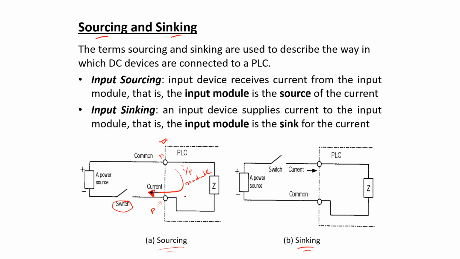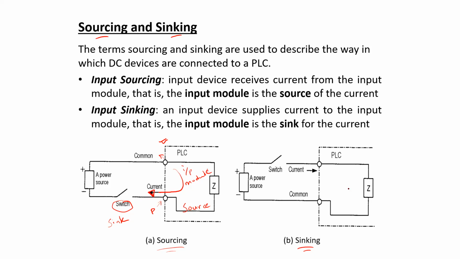As the input module is pushing the current towards the switch, it is working as the source, or it is sourcing the current towards the switch. And as the switch is receiving the current, it can be termed as the sink. So this sort of connection is normally called the sourcing connection at an input port.